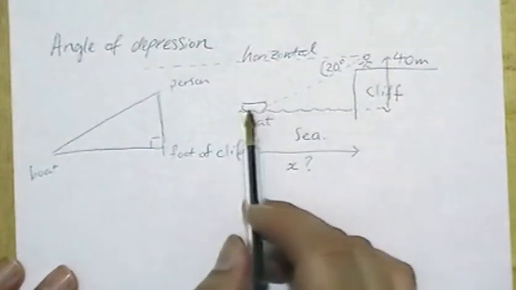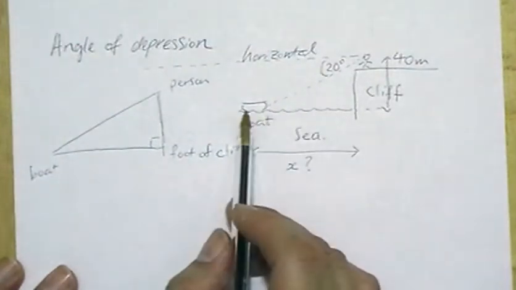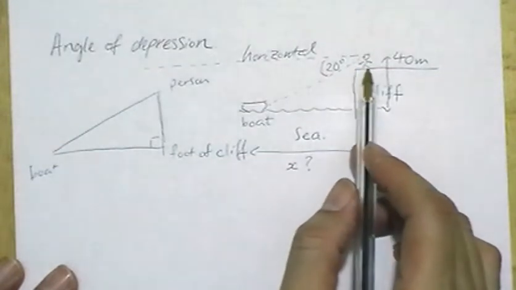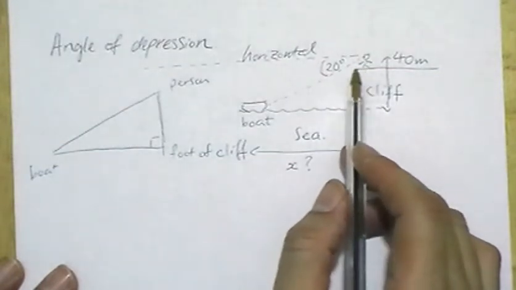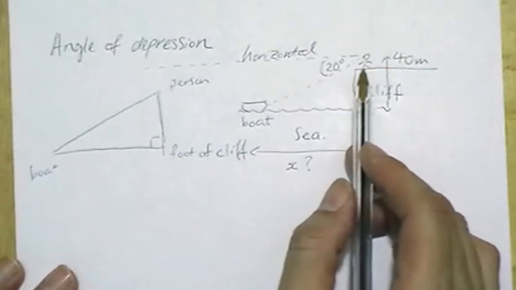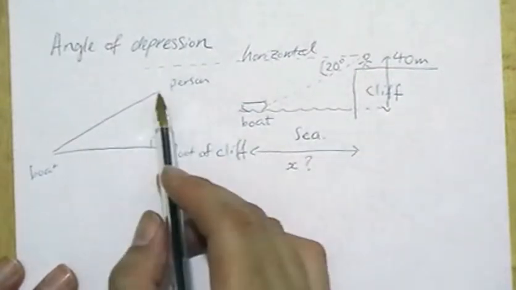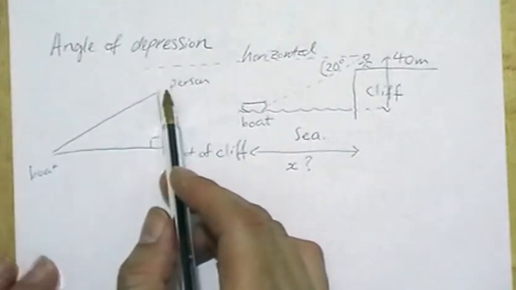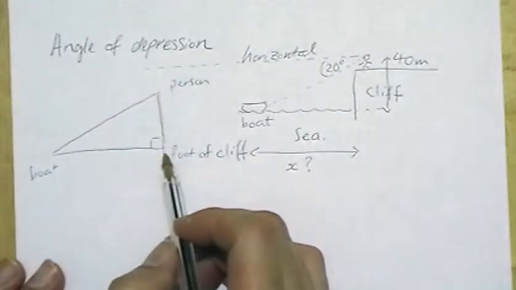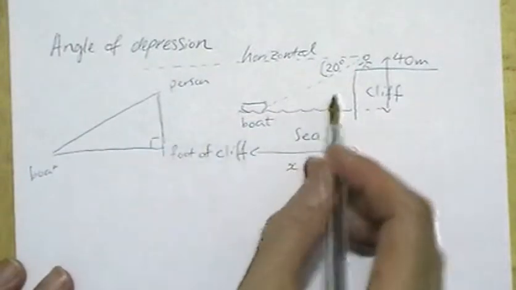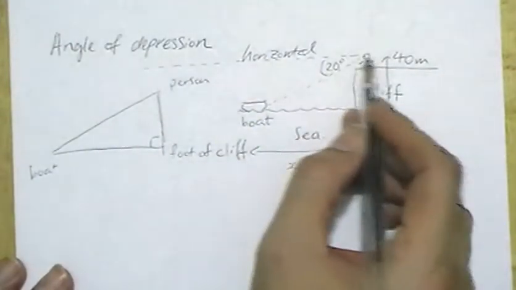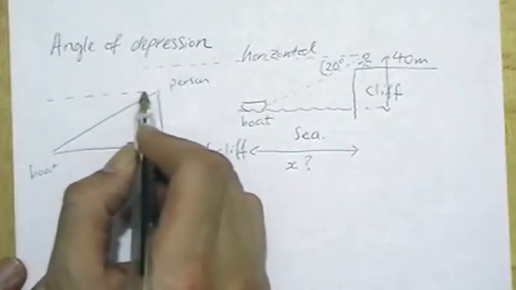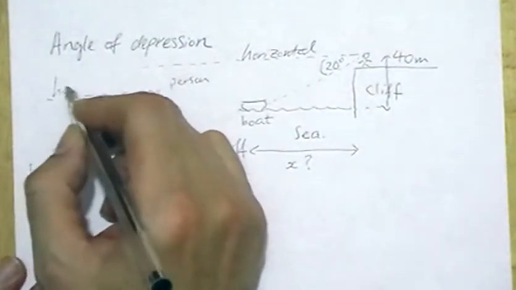But because this boat is probably some distance away, we're going to assume that this distance is very small. So I'm just going to take it that the person is just directly above the foot of the cliff. Okay. And then there is this horizontal line. Alright, that's the horizontal line.